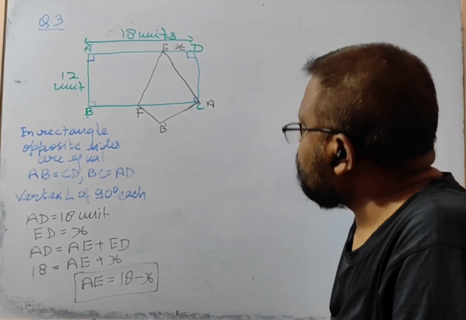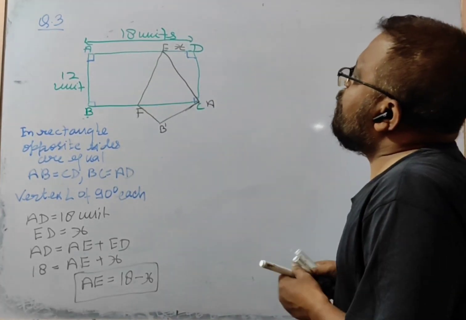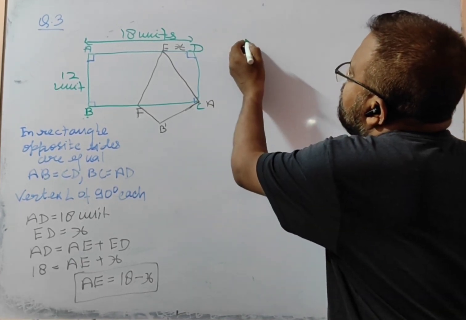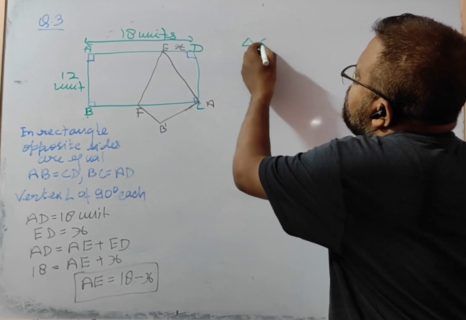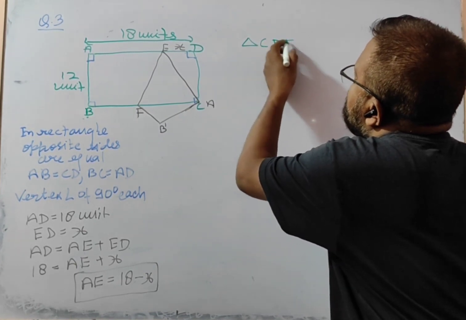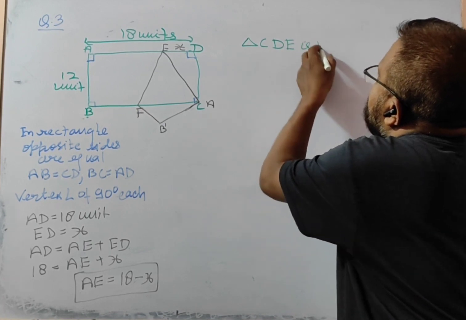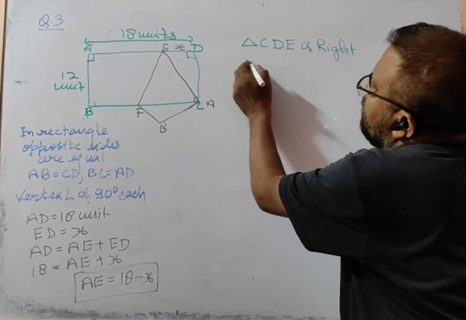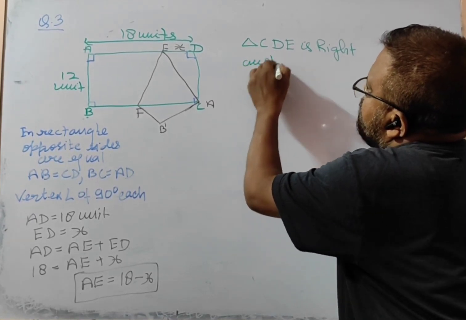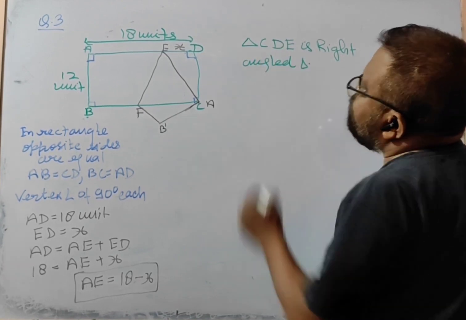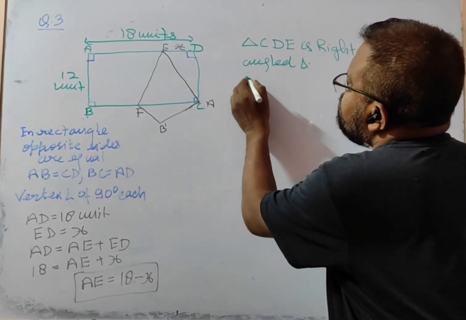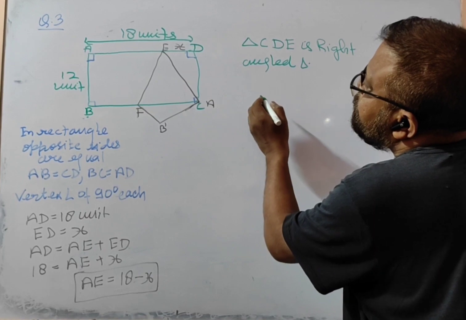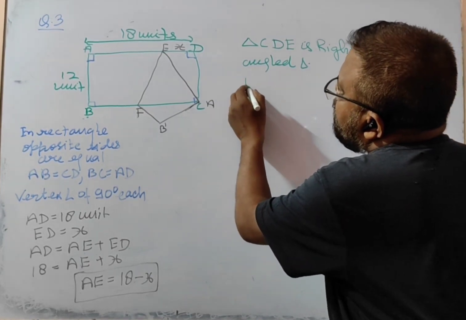So this triangle, this triangle, yeah, CDE is a right angled triangle, and so AE will be the hypotenuse.